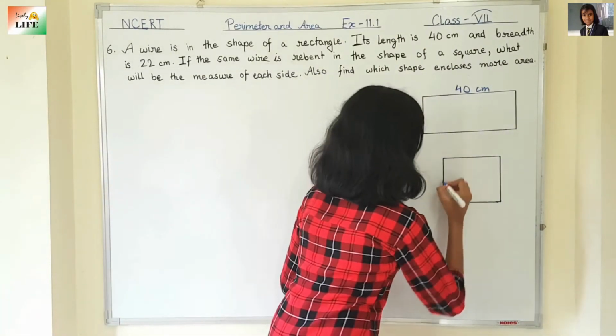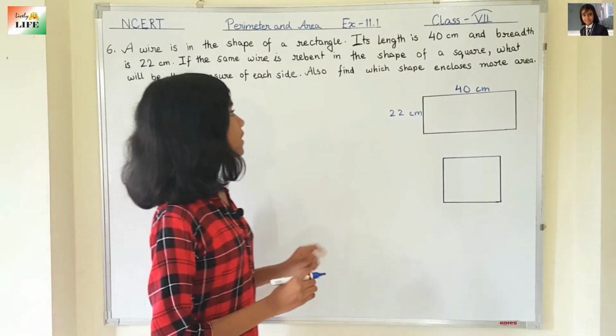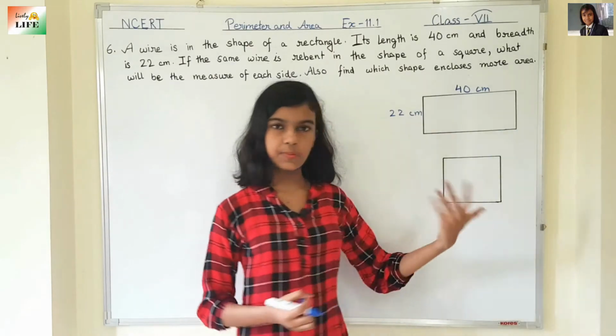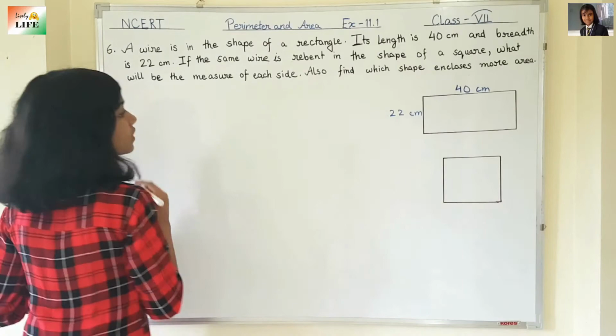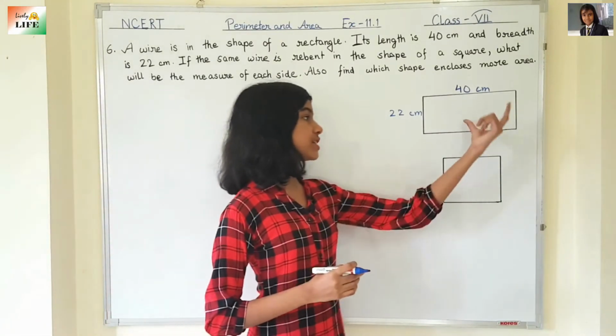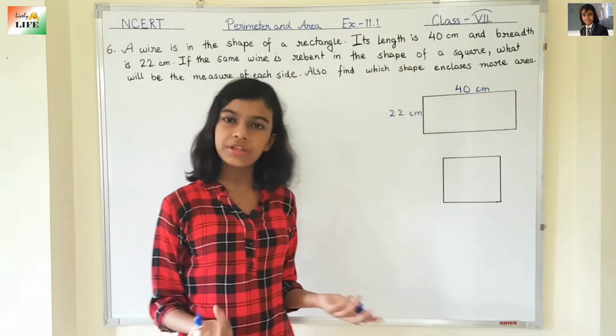Means each side of the square. Also find out which shape encloses more area. This we will do afterwards. Okay, so first what we are going to take out? We are going to take out the perimeter of the rectangle because it is telling wire, right? So we need to find out the perimeter.